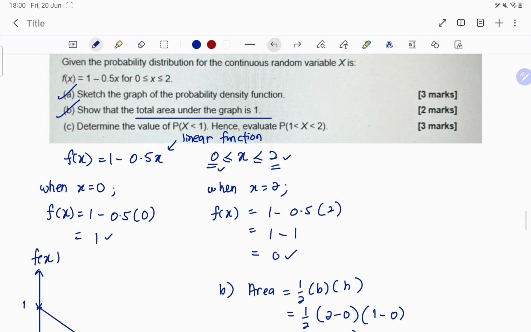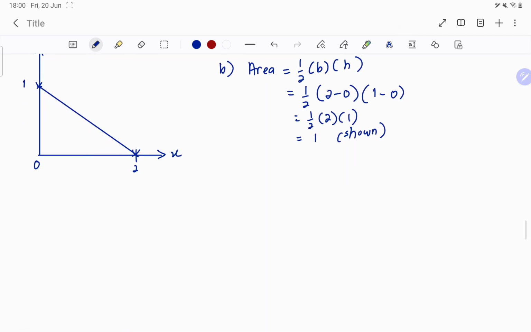For question C, they want you to find the probability of x less than 1. You use the graph that you have. Inside your graph, x = 1 is here, in the middle. They want the probability less than 1, so starting from 0 until 1.